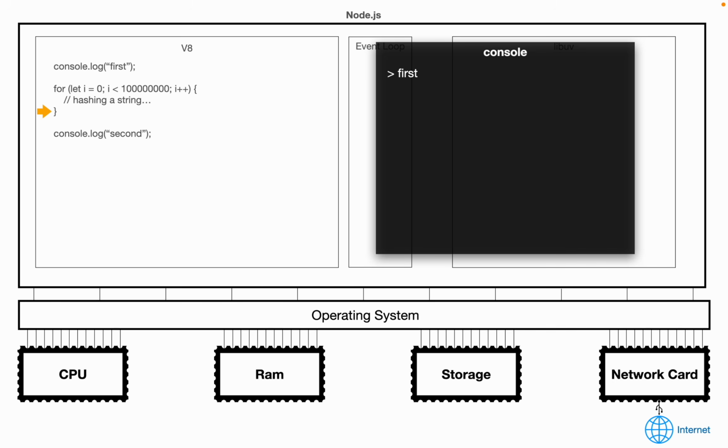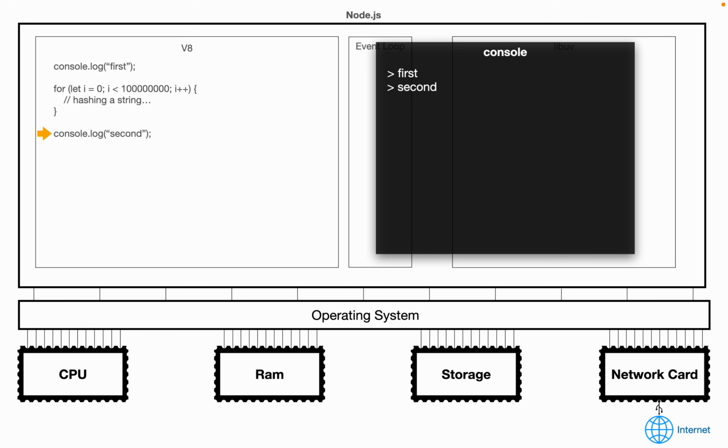V8 is going to keep executing this for loop without even paying attention to the last console log. So my application would be blocked until this for loop finishes. It's going to keep executing this for loop 100 million times, and once it's done, it's going to move on to the last log and log second to the console.